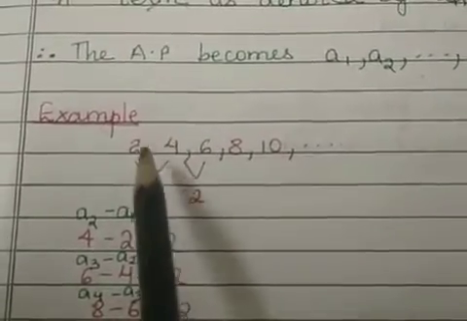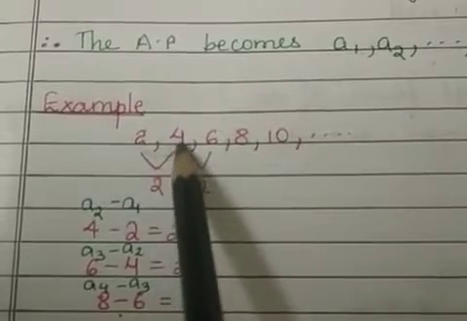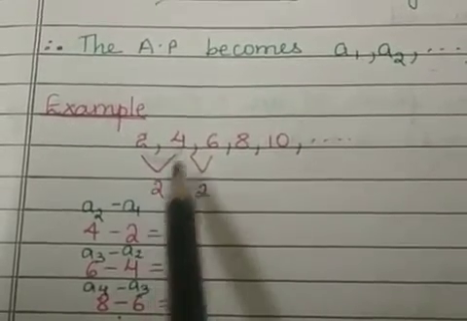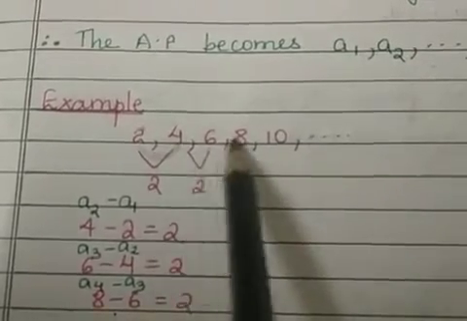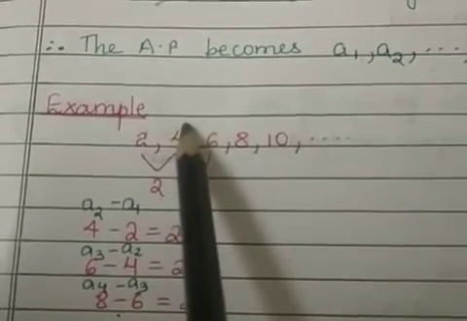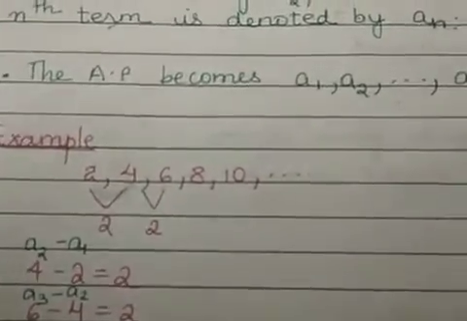Now let us take this example. This is an arithmetic progression because if you subtract, you will get 2. 6 minus 4 is 2, 8 minus 6 is 2. So you can see a fixed number is added to each of the preceding numbers. So this is an arithmetic progression.